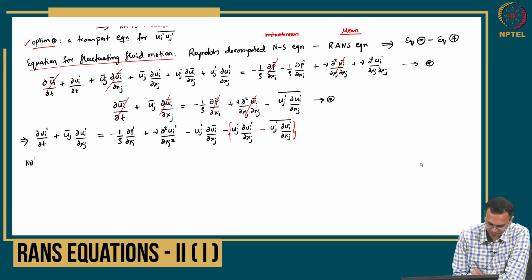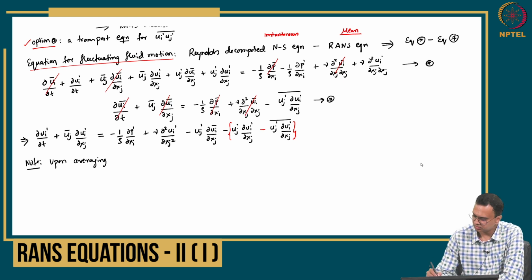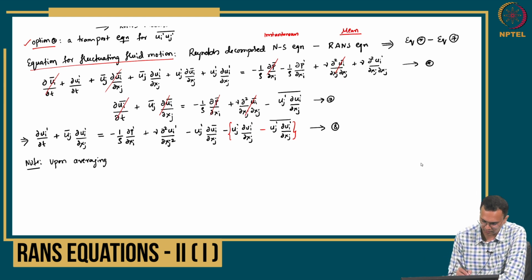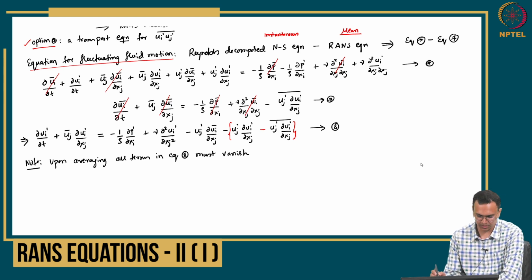So note, upon averaging, is this equation 8? The last equation was 7, right? So let's call this equation 8. Upon averaging, all terms in equation 8 must vanish, that is if the derivation is correct.